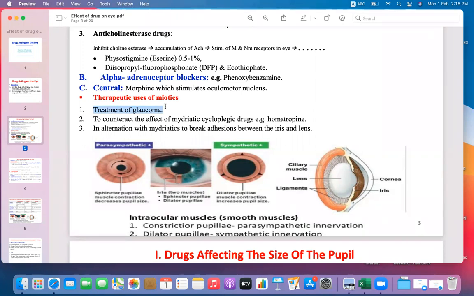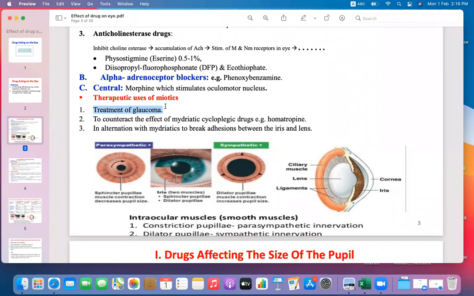Glaucoma is a condition which affects the optic nerve due to increase in intraocular pressure and may lead to blindness if the patient is above 60 years of age.